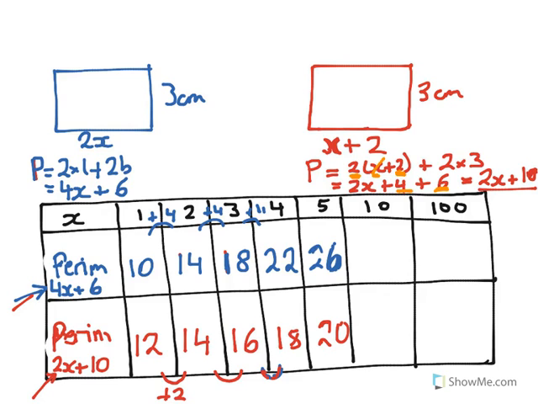What happens then when we get to the number 10? What happens to the perimeter then? Well, 4 times x plus 6. 4 times 10 is 40. 40 plus 6, 46. What about when x is 100? Well, 4 times 100 would be 400 plus 6, 406 centimeters.